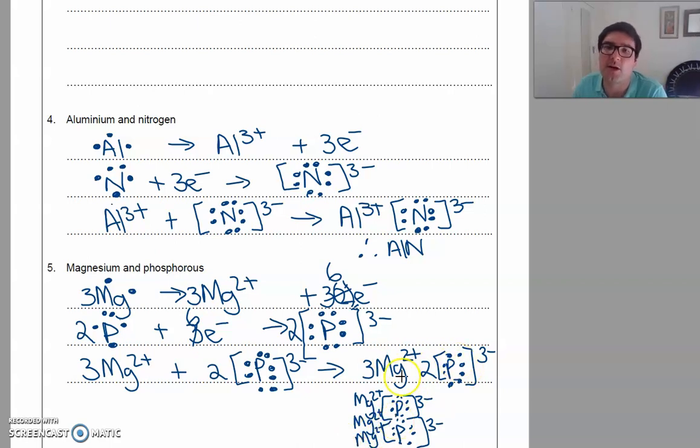Those are the ways in which you could represent your answers. Your formula will be Mg3P2, with the subscript 3 indicating you need 3 magnesium ions, and then 2 phosphide ions. That would be your answer for your formula.